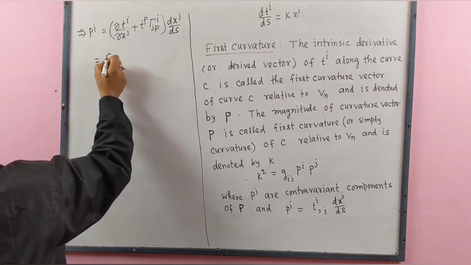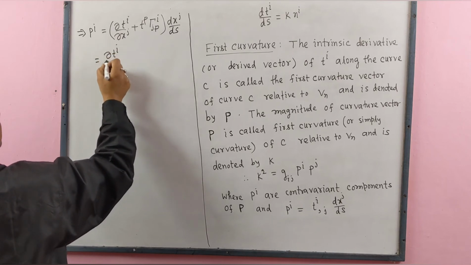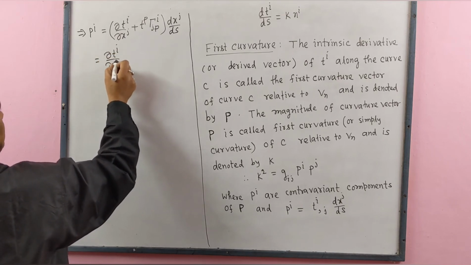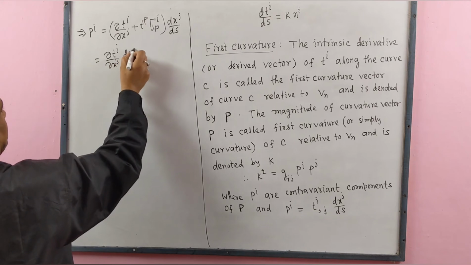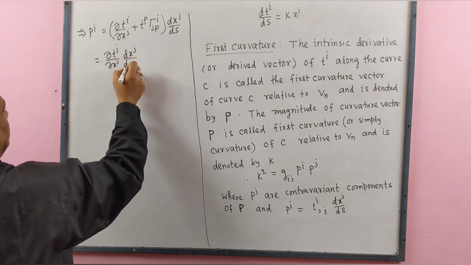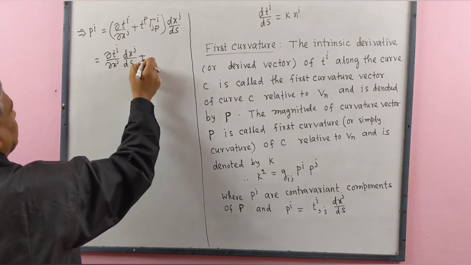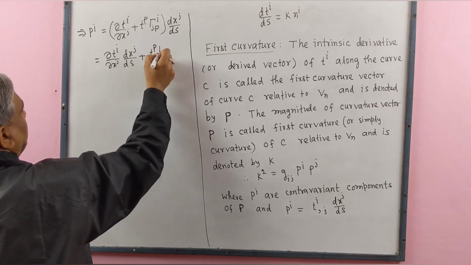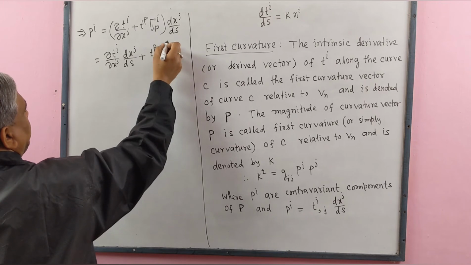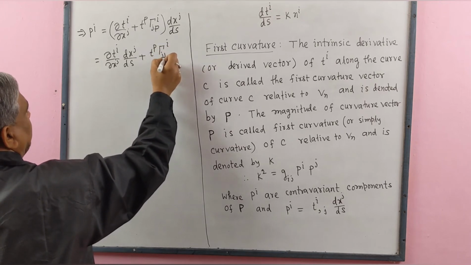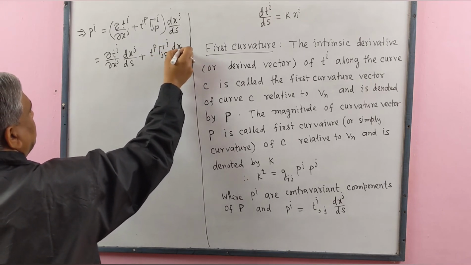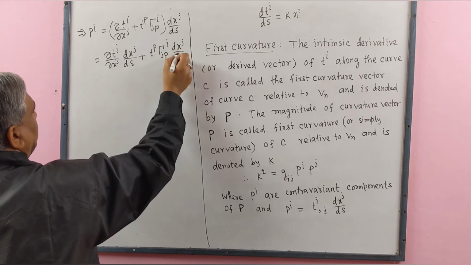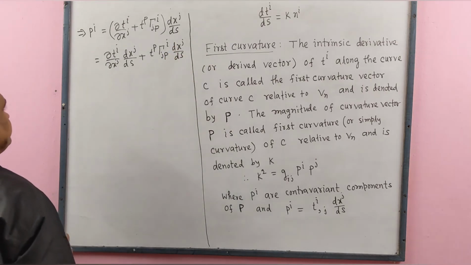This equal to del Ti by del Xj dxj by ds plus Tp Christoffel symbol second kind ijp dxj by ds.